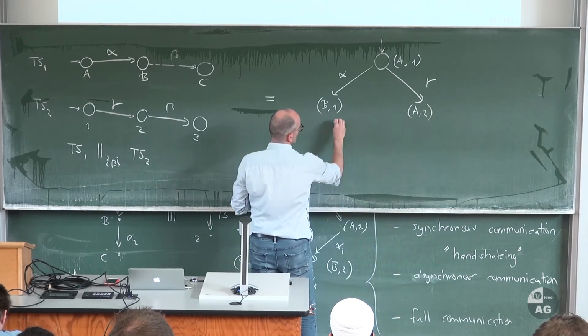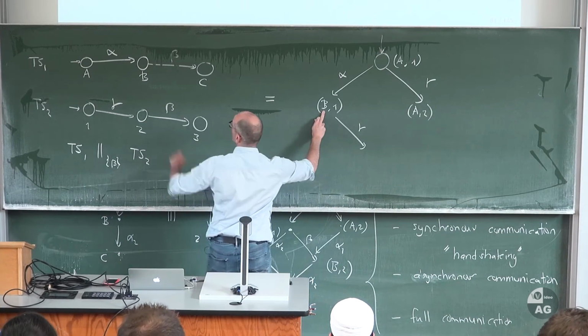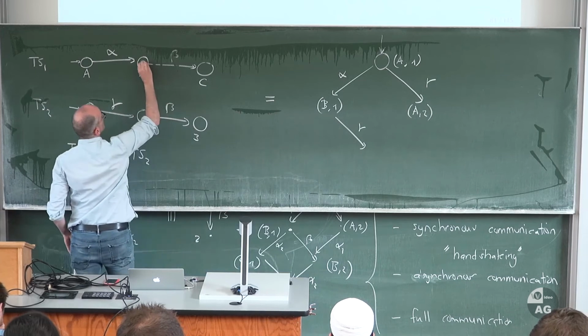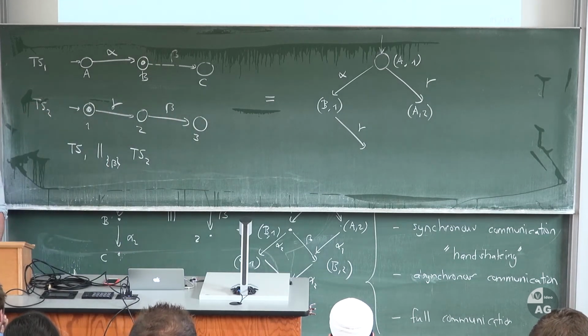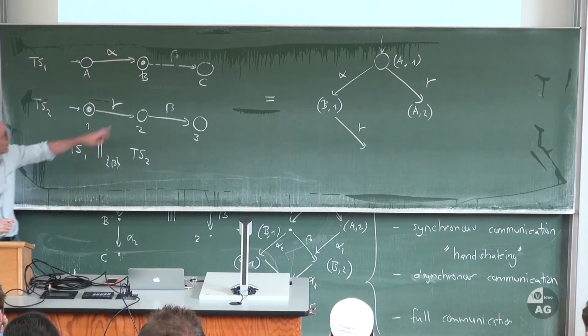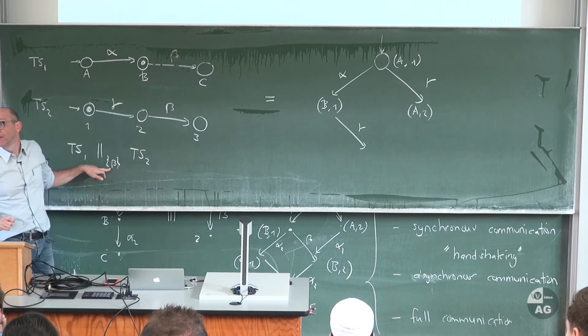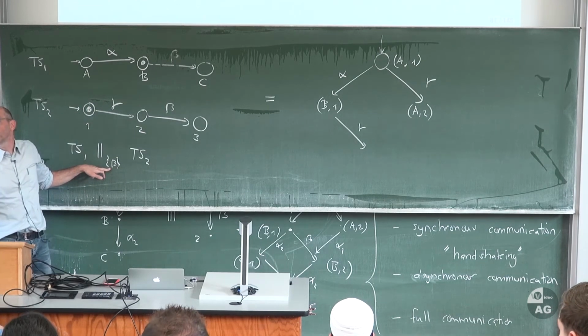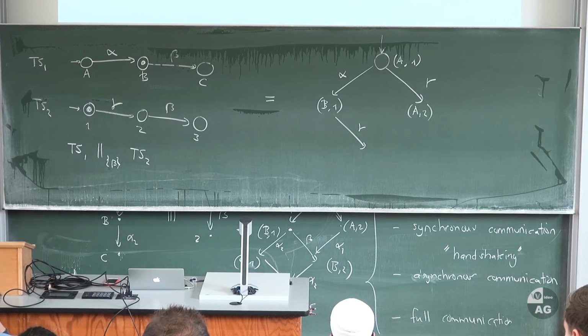Now I can do a gamma in that state. I have moved to B, so now the current state is here, I am in B, and this one is in 1, the dot meaning the current state of those two transition systems. What can happen? This one maybe wants to do a beta. But beta is in this set. It cannot do this beta on its own. It can only do this beta if its partner is ready to do this beta too.